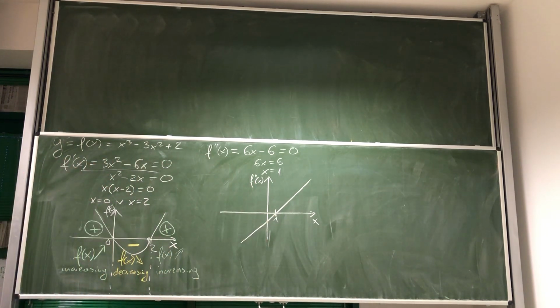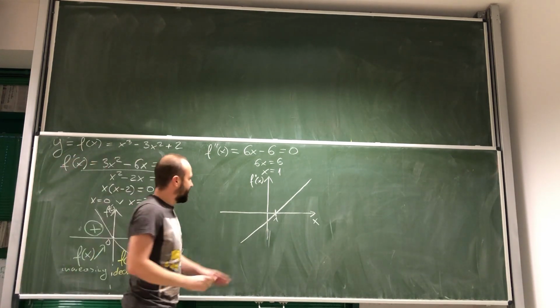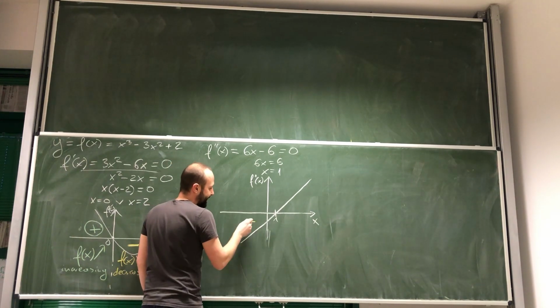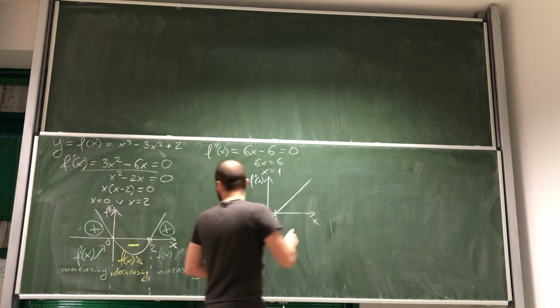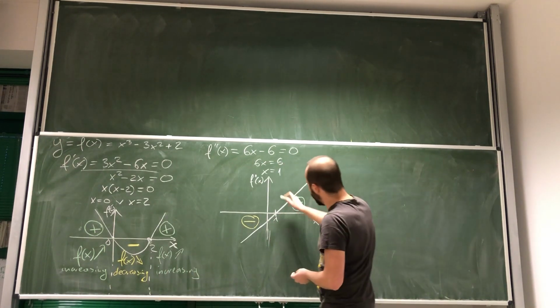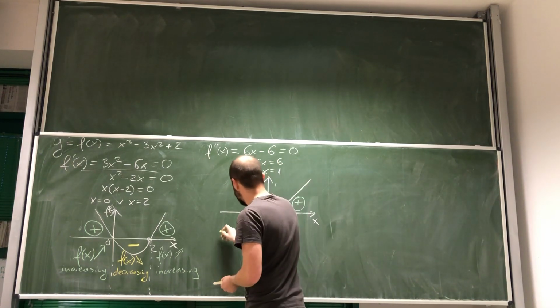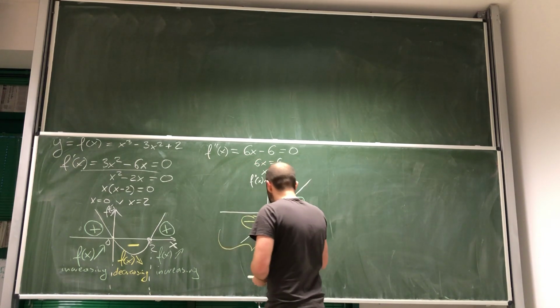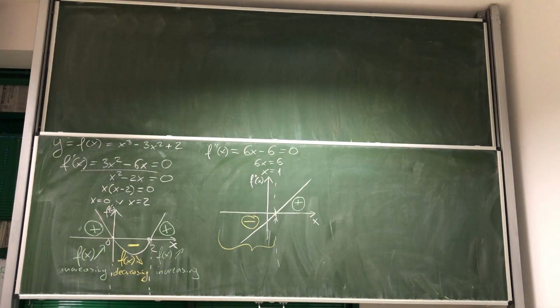Okay, so now we see that our second derivative is negative over here, and it is positive over here. What does that mean? Well, this means that over here, our function has negative acceleration. What does it mean?